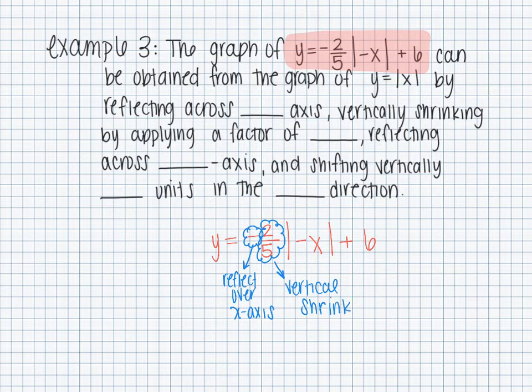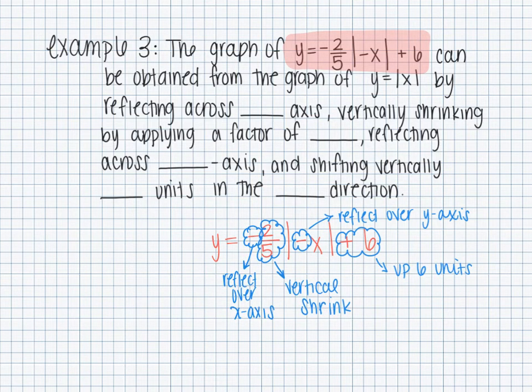And then I have another negative sign inside. The negative sign inside the function is going to reflect over the y-axis. And then the last thing I have is this plus 6, which is going to go up 6 units.